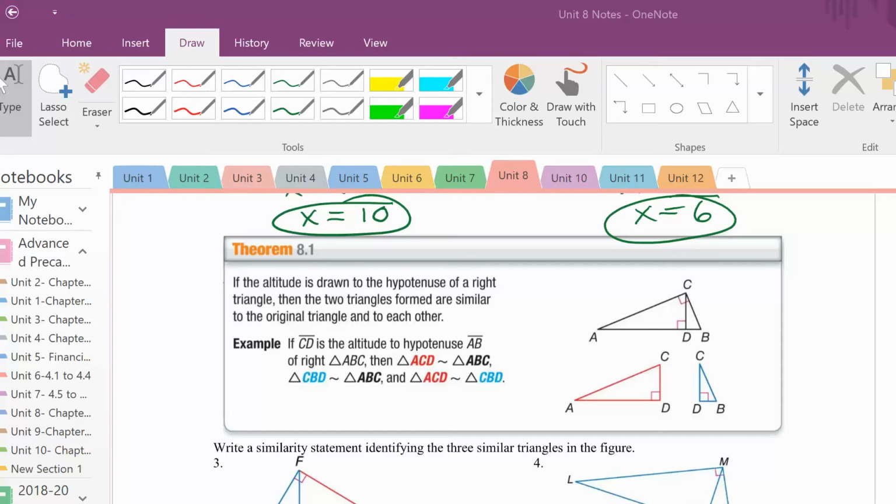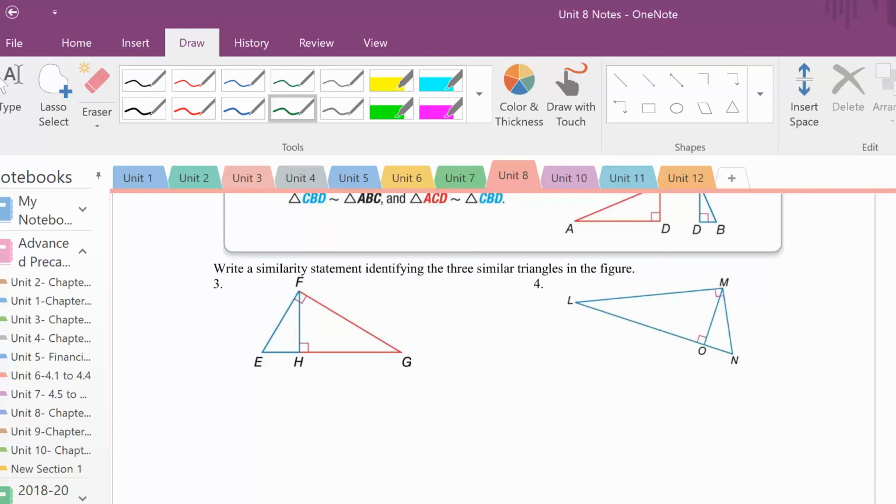All right, so now some theorems that use the geometric mean. One of them is: if an altitude is drawn to the hypotenuse of a right triangle, then the two triangles formed are similar to the original triangle. Notice there's a small and a big triangle, and those are both similar to the bigger triangle.